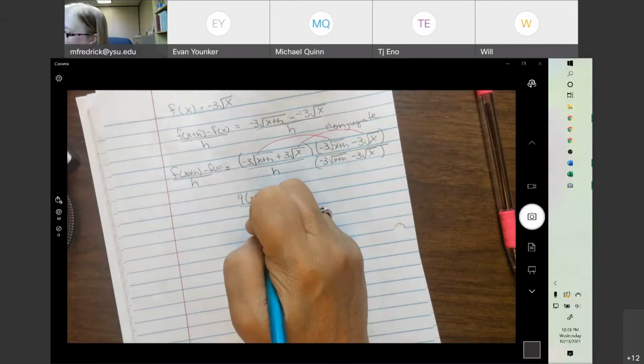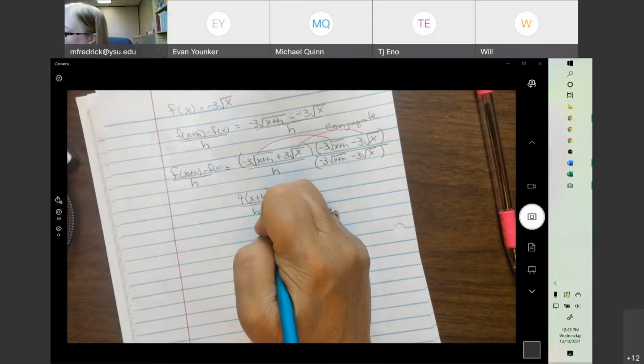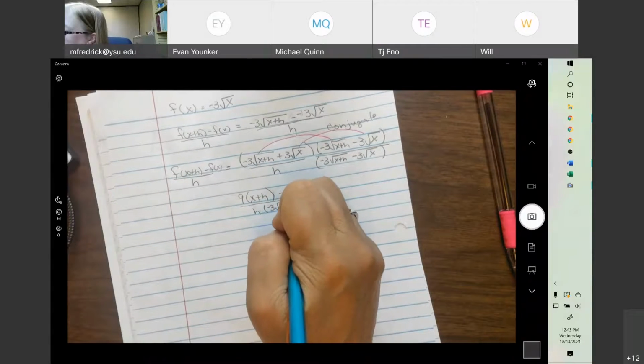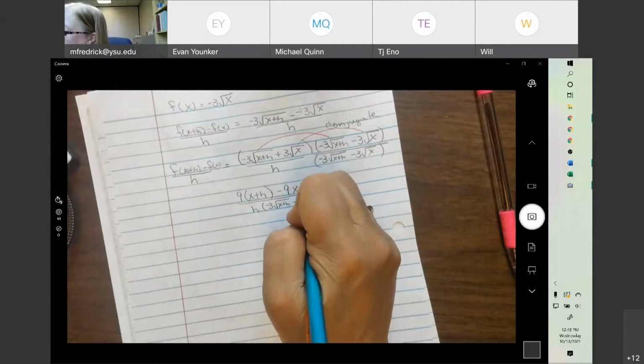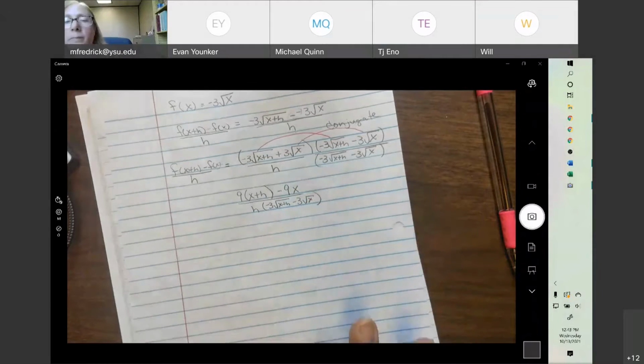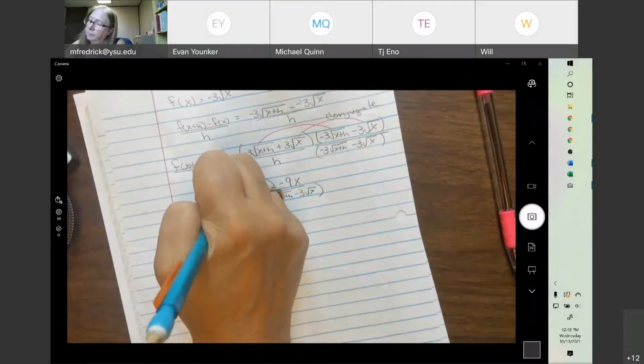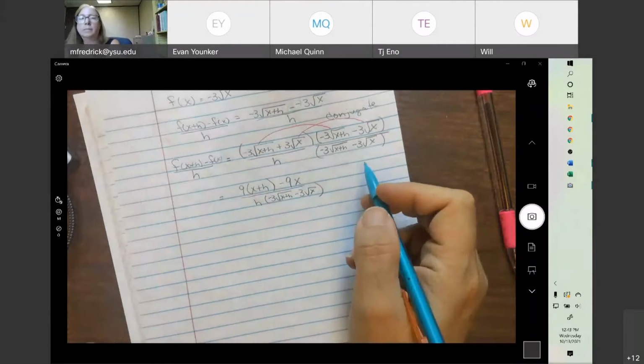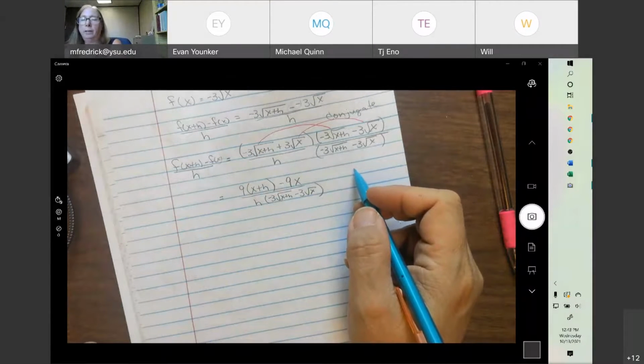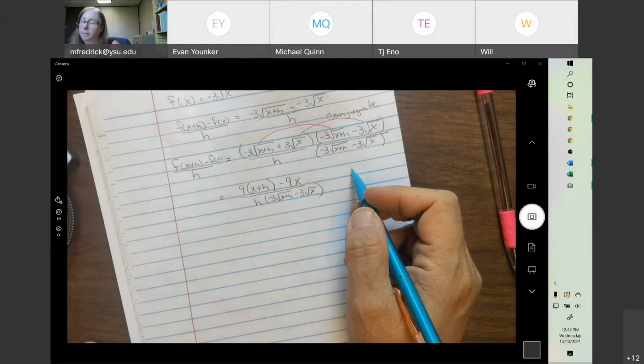All over h times -3 square root of x plus h minus 3 square root of x. Any questions so far? Okay.